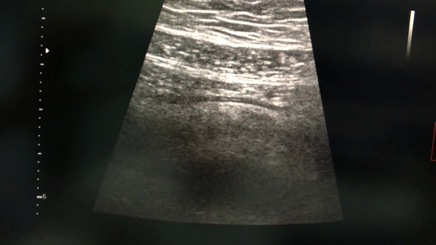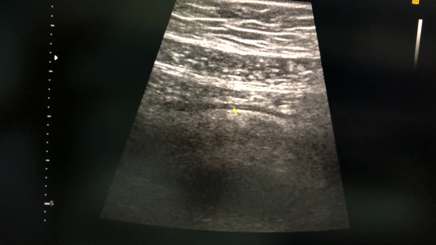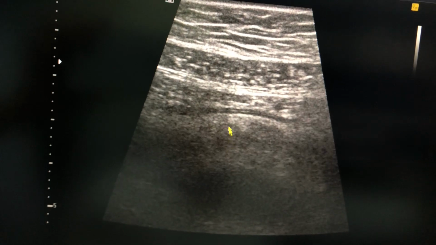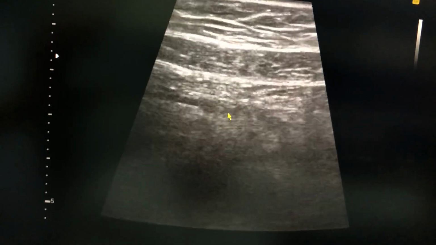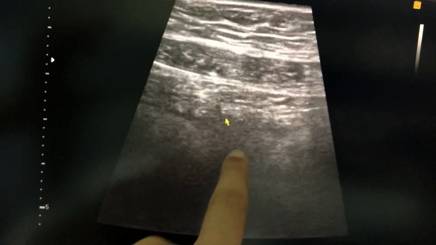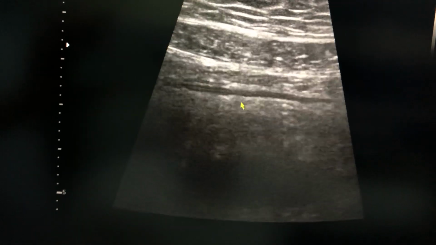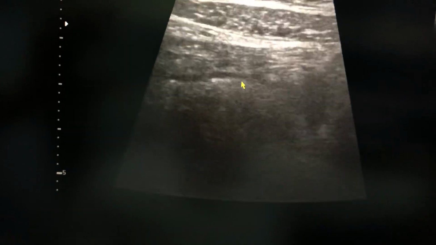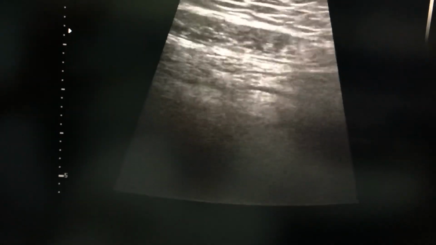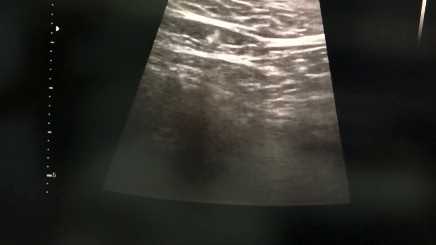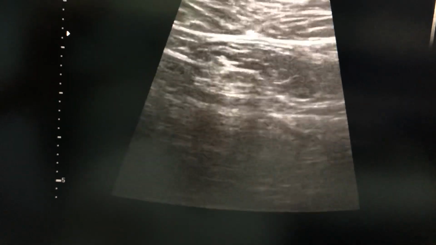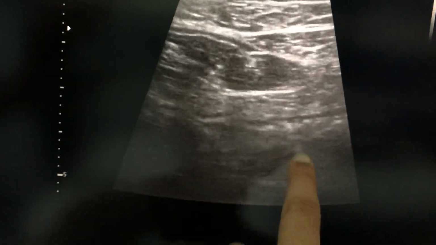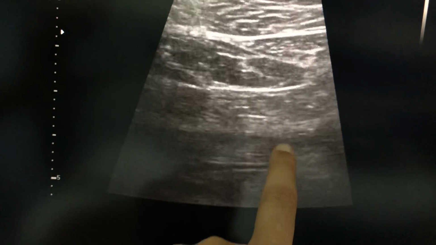This transverse colon is from here to here. There is marked thickening in the transverse colon. This is the area of the blunt trauma.